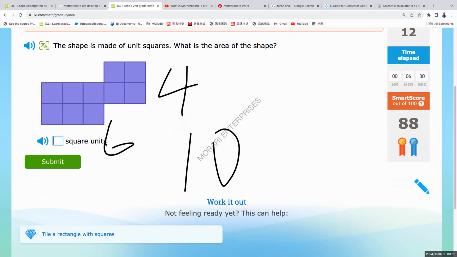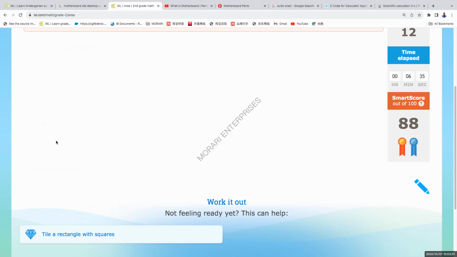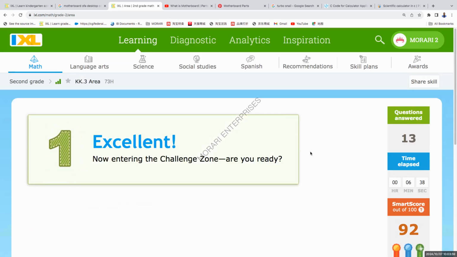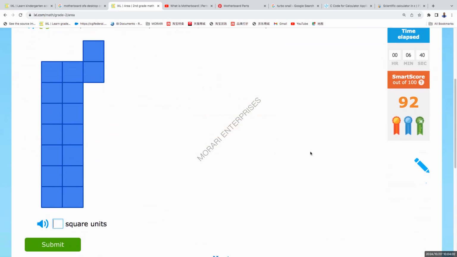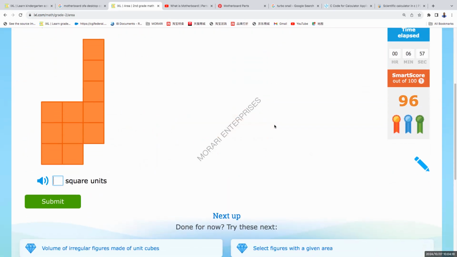10 square units. 1, 2, 3, 4, 5, 6, 7, 8, 9, 10, 12, 13, 14, 16 square units. 5, 6, 11 square units.